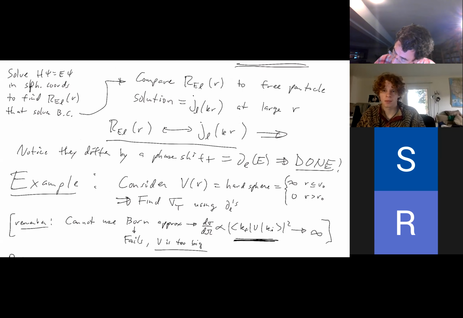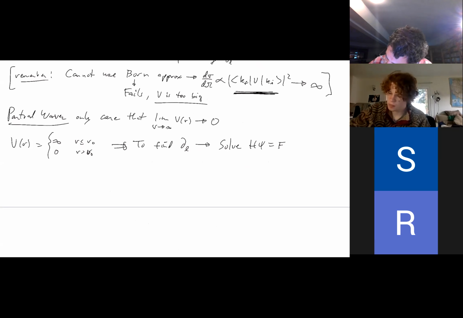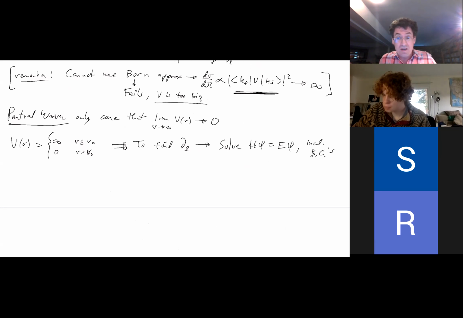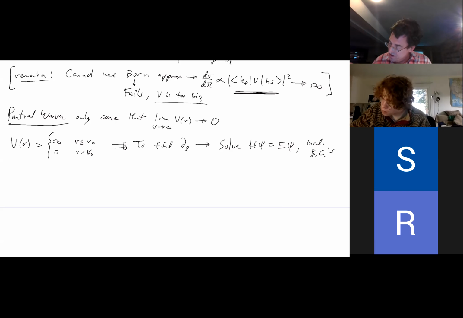That's exactly right. We have to solve H psi equals E psi, including the boundary conditions, right? Because you guys all know when you solve the Schrodinger equation to get all the eigenenergies, eigenstates, and so on, you have to use the boundary conditions.